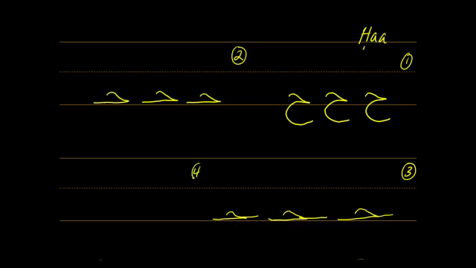Now in the final position, we have the Ha connected here and below the line. Let's do it again. Connect. Make our Ha. It looks just like the independent position, but with the connector to a letter before it. Okay, connect and go like that.